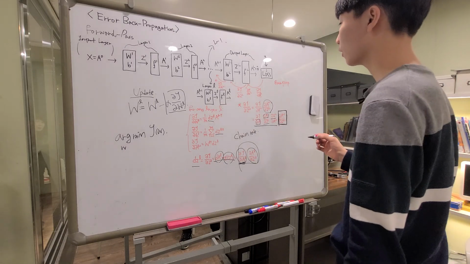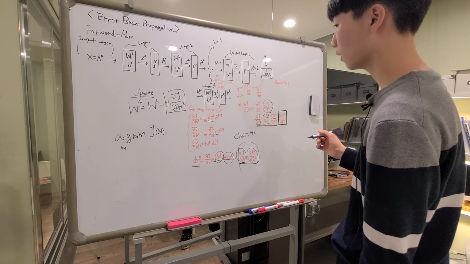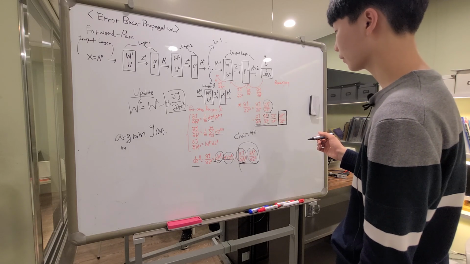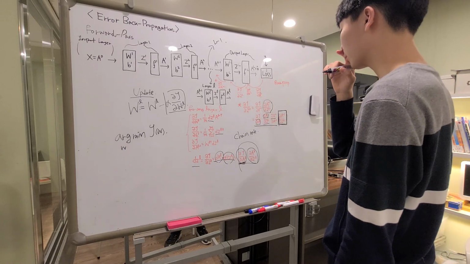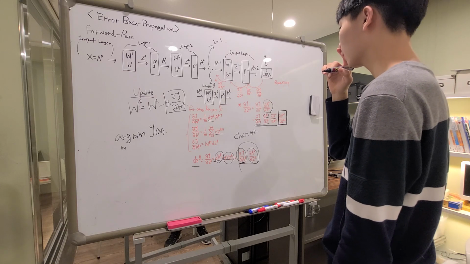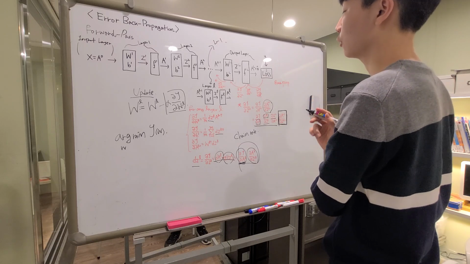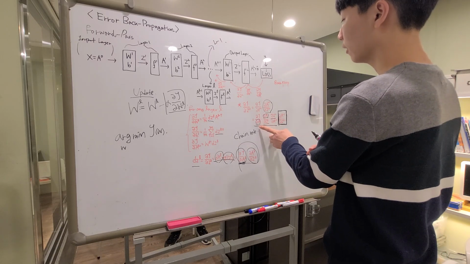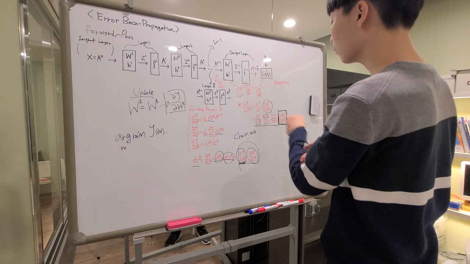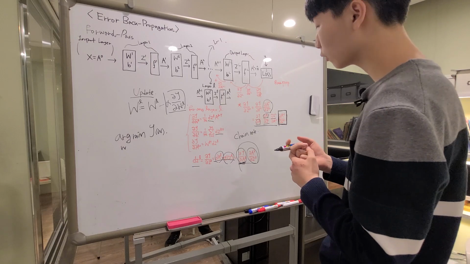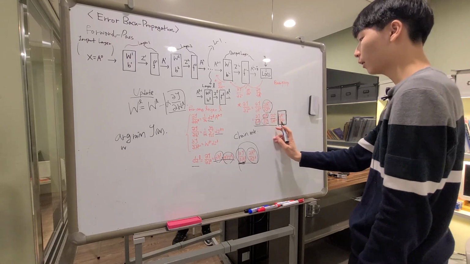We need the derivative from the upper layer to actually calculate this. First, we calculate the derivative of the cost function with respect to the output of the upper layer, which is our prediction y hat, and we have that. Then we calculate the derivative of the activation function of the upper layer with respect to our pre-activation, that's dAL, dZL.